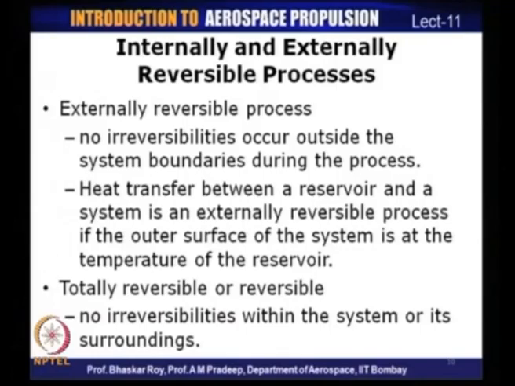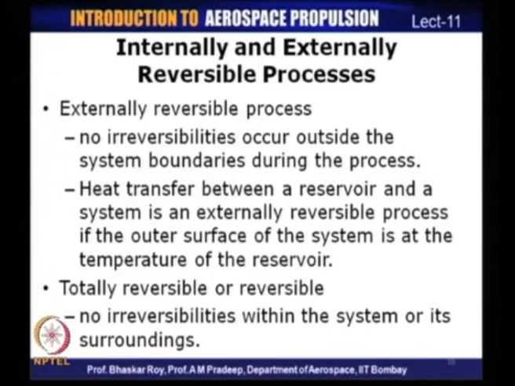The other type is an externally reversible process, which is one in which no irreversibilities occur outside the system boundaries of the process. Heat transfer between a reservoir and a system is an externally reversible process if the outer surface of the system is at the same temperature as that of the reservoir.